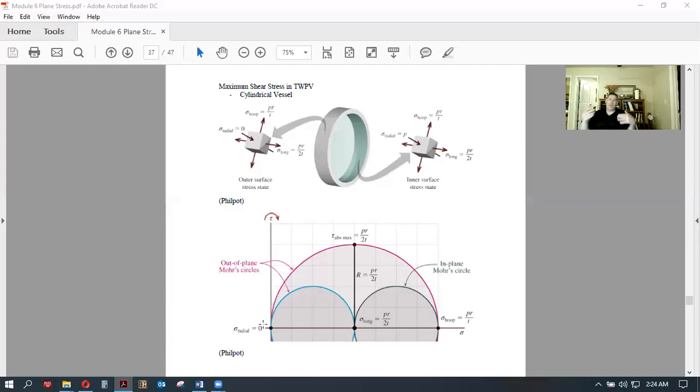So it all comes down, in the design of these cylindrical vessels, at the material level, to what's the ratio between the tensile maximum strengths and the yield strengths.